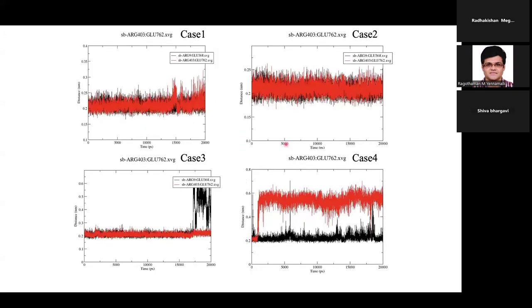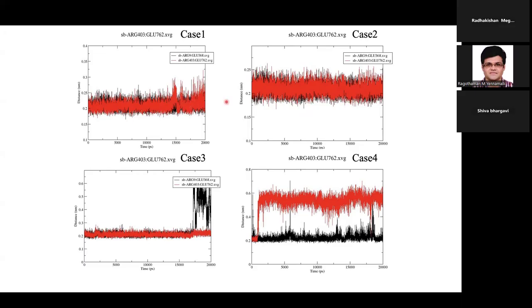Then we looked at all the bond information of which particular arginine and which particular glutamic acid are making ionic bonds, and due to protonation, they are getting broken. In case 1 and case 2, we see these bonds are not broken.